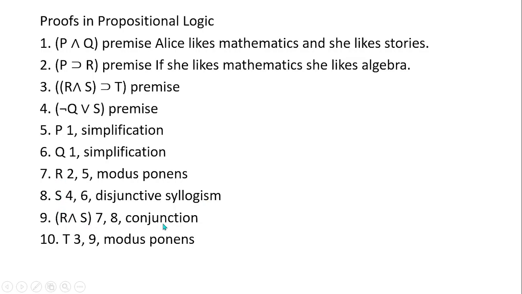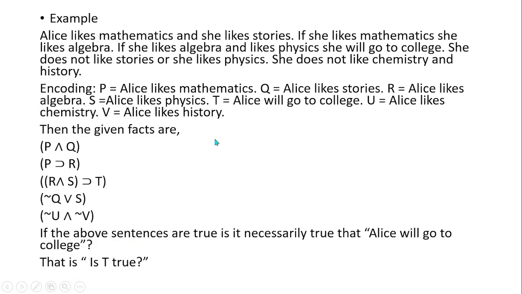Then we can write by using conjunction R and S. If R and S is true, then T is true by using modus ponens. So now T is true, and we solved that the goal is reached. So in the given example, Alice will go to the college. Like that we need to solve.